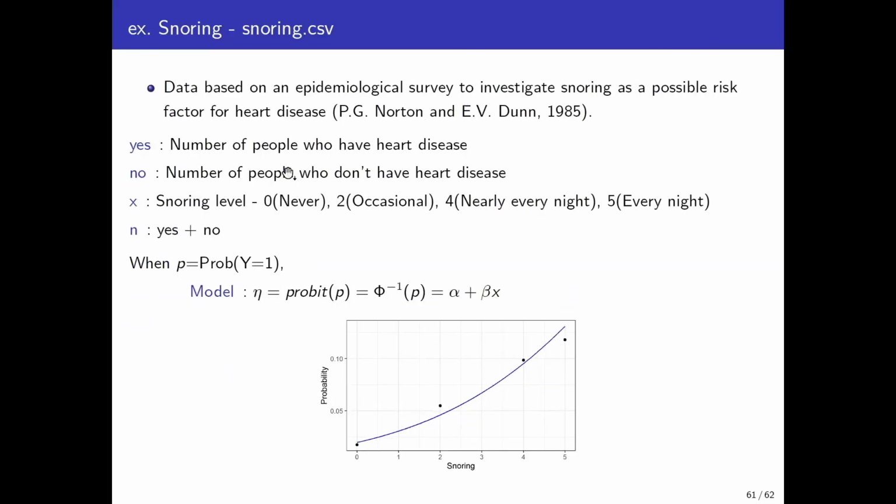The data is based on an epidemiological survey to investigate snoring as a possible risk factor for heart disease, referring to P.G. Norton and E.V. Dunn in 1985.